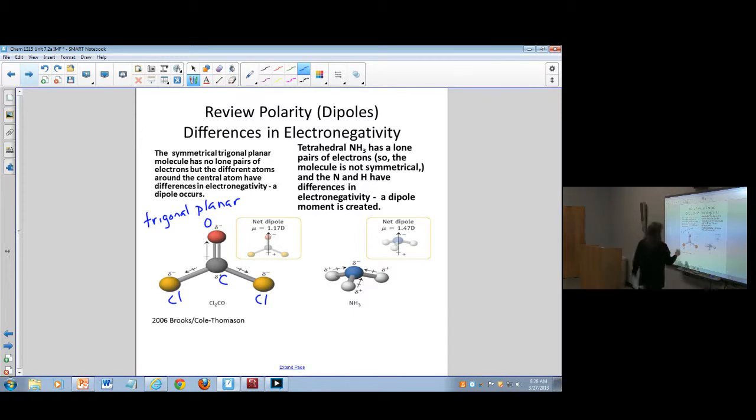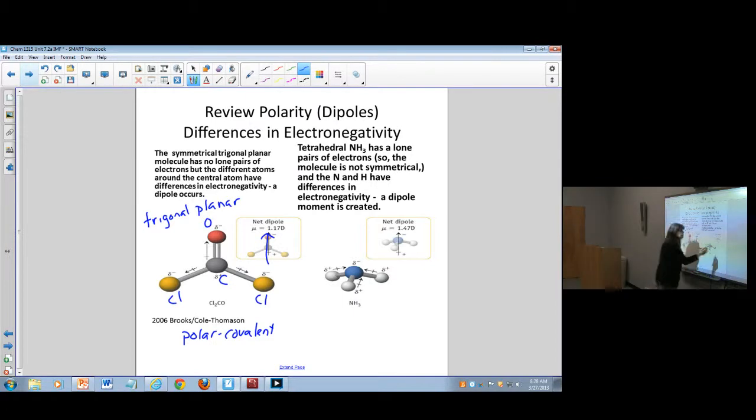It turns out, though, that the net dipole is towards the oxygen. So this end of your molecule is more negative than the other parts. That is a polar covalent molecule. Polar covalent means it's sharing the electrons to form the bond, but they're not equally shared.